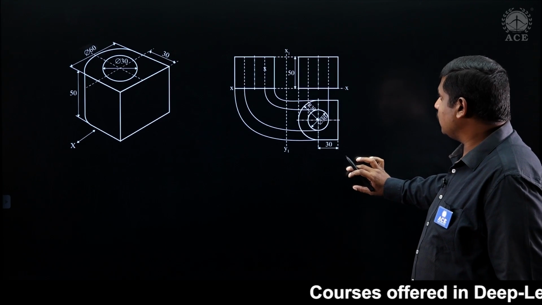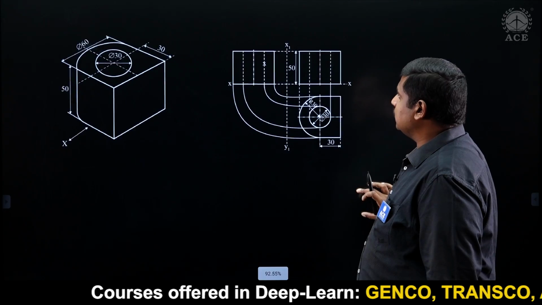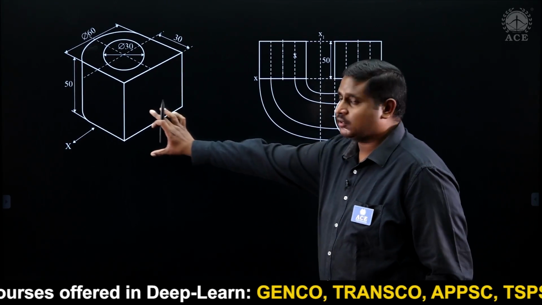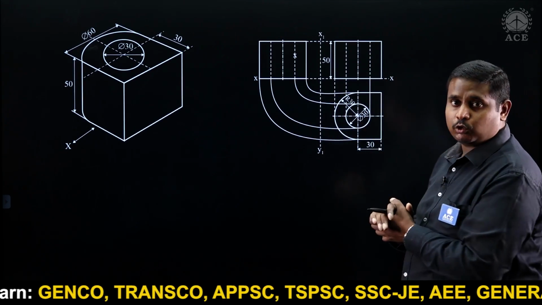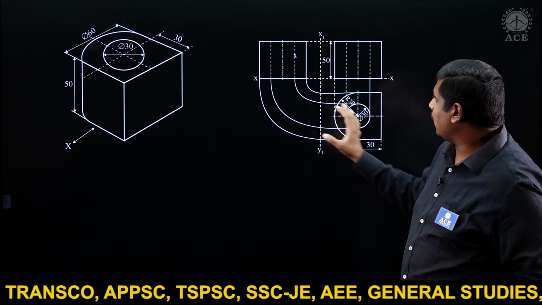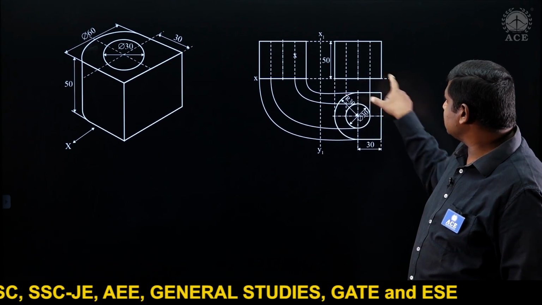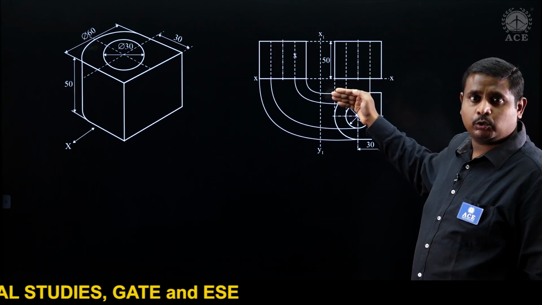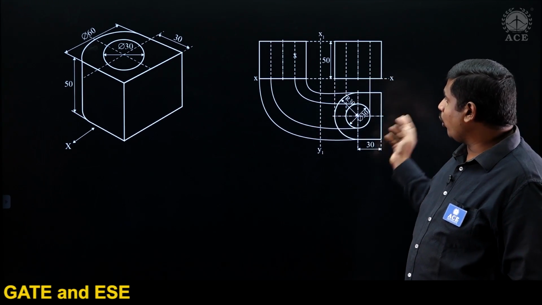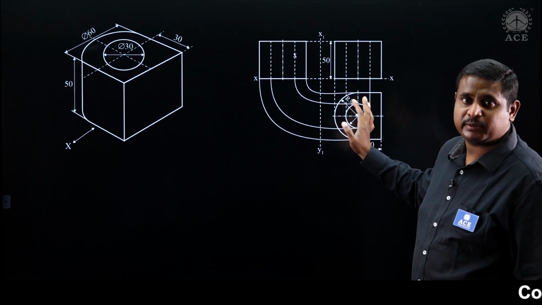Yes, observe the screen, my dears. This is my isometric view, my dears. This is my orthographic view. So how I specified my dimensions, just observe it very closely. This is how you are supposed to specify the dimensions, and point 1, point 2 and point 4, these 3 points are satisfying the graphical representation.